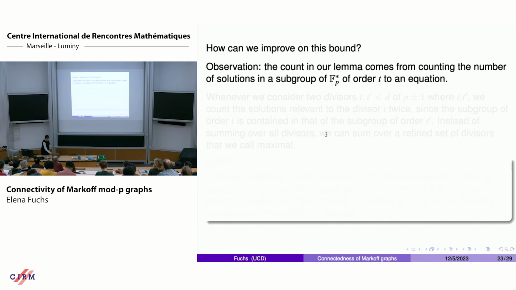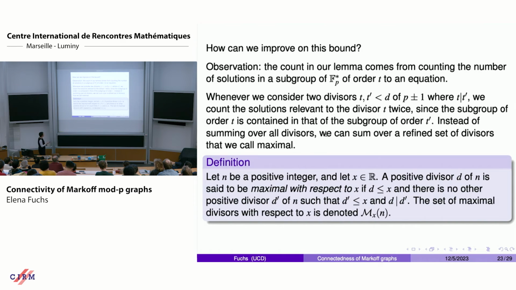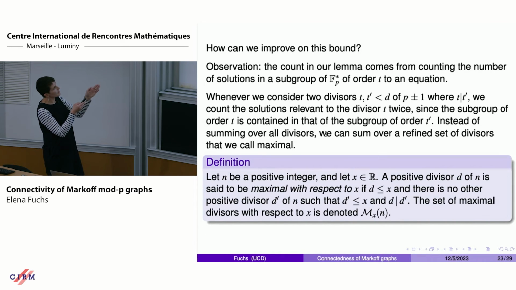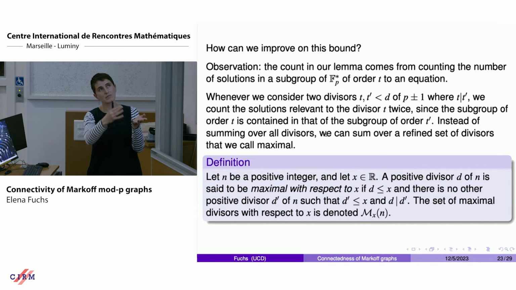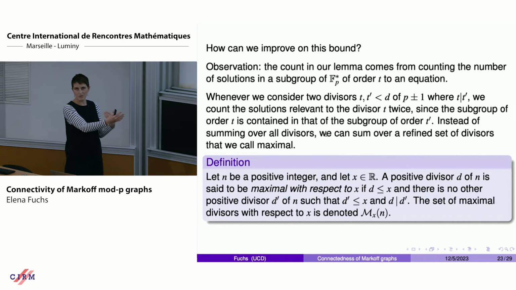So if you have t and t prime, which are less than d, which are divisors, and t divides t prime, then first you're counting all of the solutions in this subgroup of order t prime, and then you're counting solutions in this subgroup of order t, which is contained in the subgroup of order t prime, so you already counted them. So you're doing an overcount.